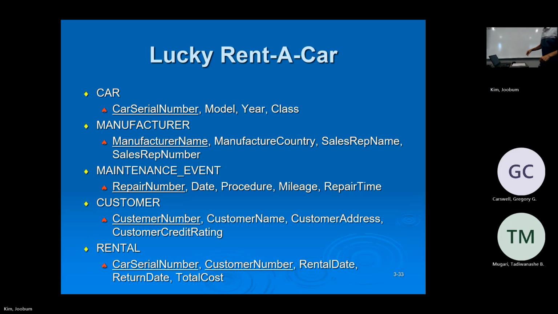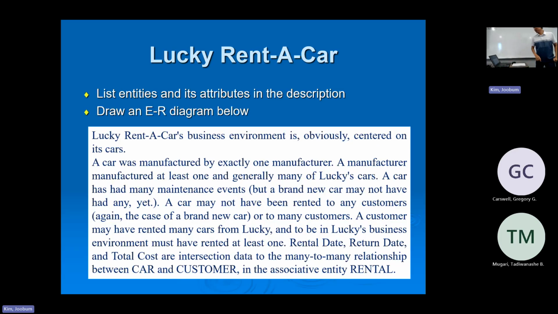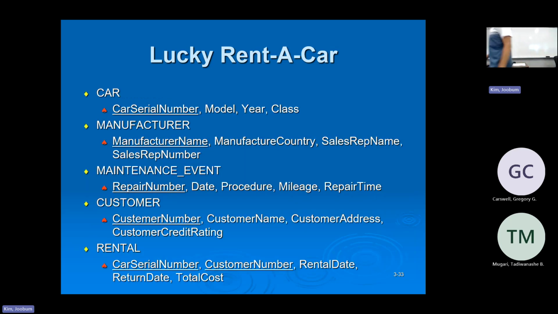The important relationship is from there. Car was manufactured by exactly one manufacturer. That means we can guess car and the manufacturer, two entities, have a relationship.